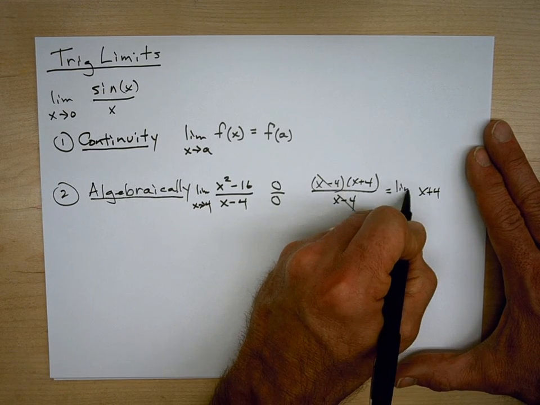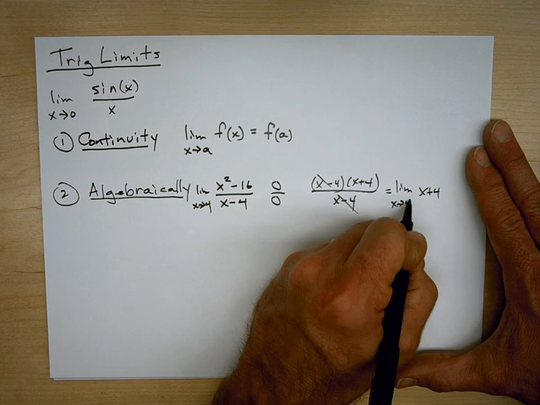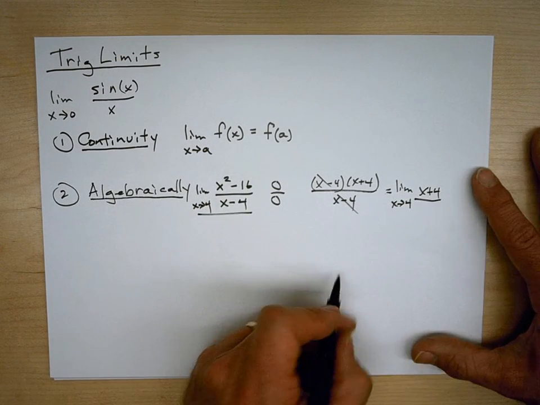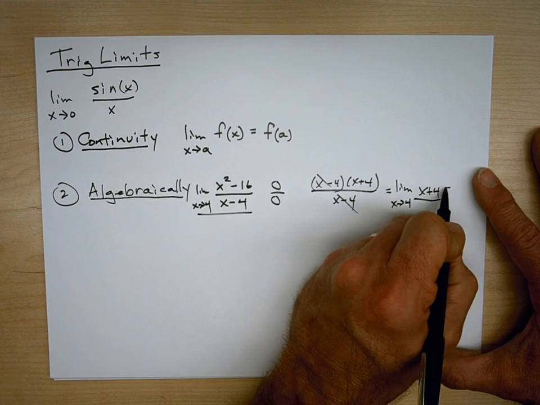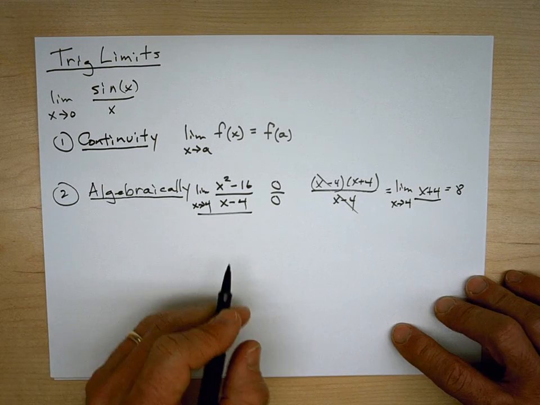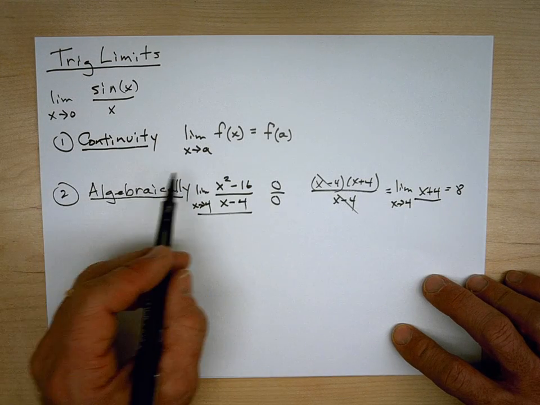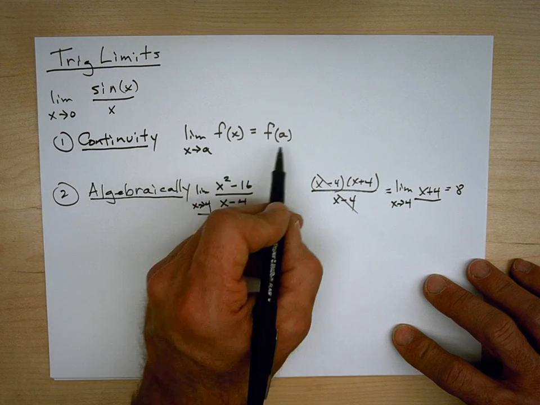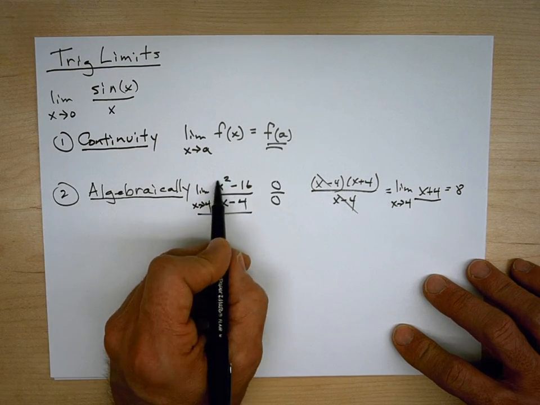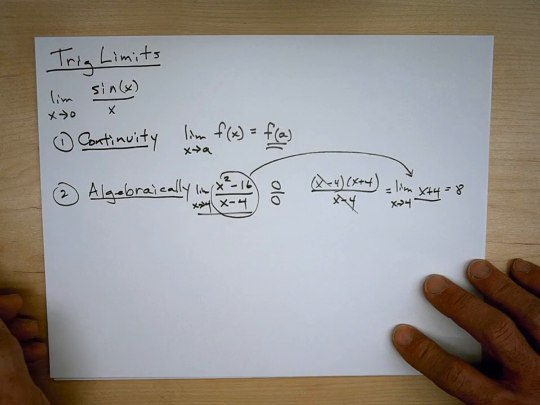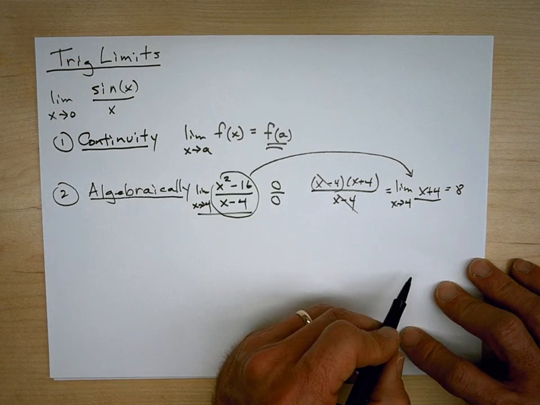And we know that the limit as x approaches 4 of this function is the same as this limit because they're algebraically equivalent, but this one is continuous, so we could just put 4 in and we could find that that limit is 8. So notice here that in both cases we're relying on continuity. Here the original function is continuous, so we can just substitute. Here we're transforming the function into something algebraically equivalent that is continuous at that point.